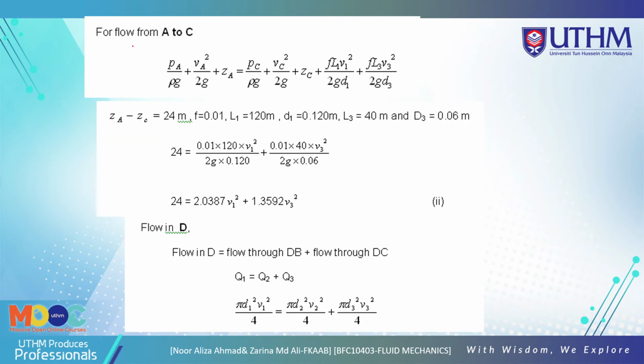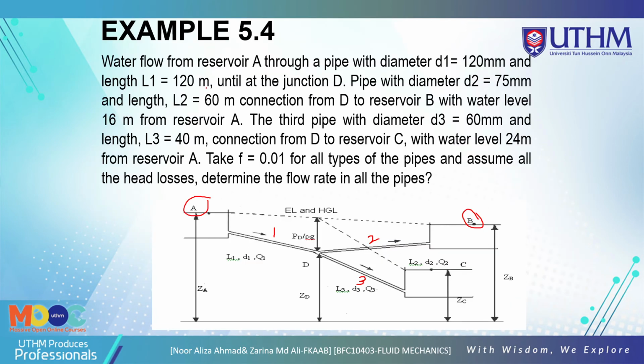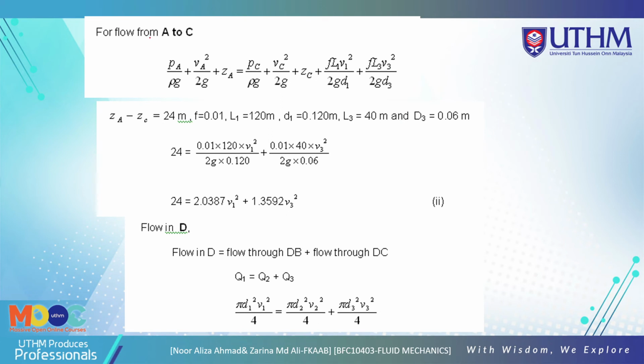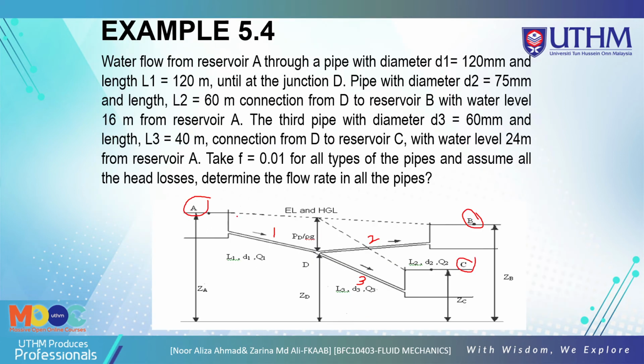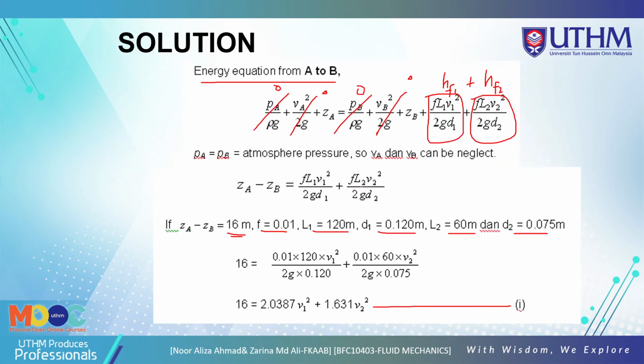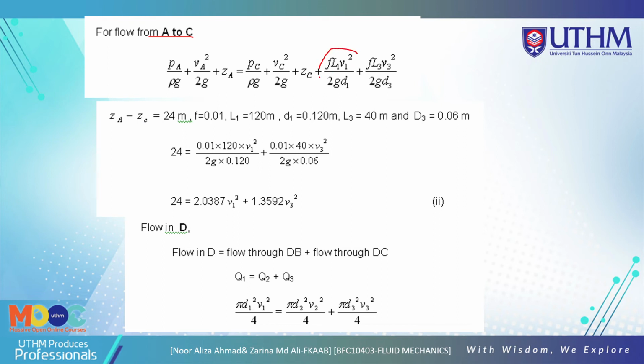Then for the flow from A to C, you use the energy equation from A to C. With the same concept, A to C only includes pipe 1 and pipe 3. So in pipe 1 you include HF1, and this is HF3 in pipe 3.